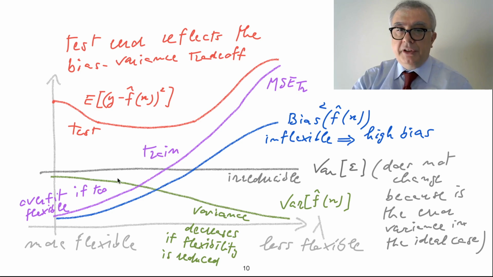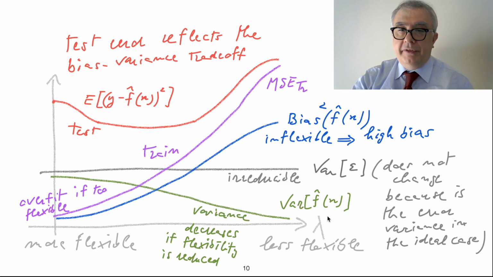Here I have the irreducible error, and of course it doesn't change, so it's constant, because it has to do with the error committed by the regression function, the conditional expectation of the response given the predictors, and this is a kind of ideal solution. So of course it is not affected by lambda, and it is constant.